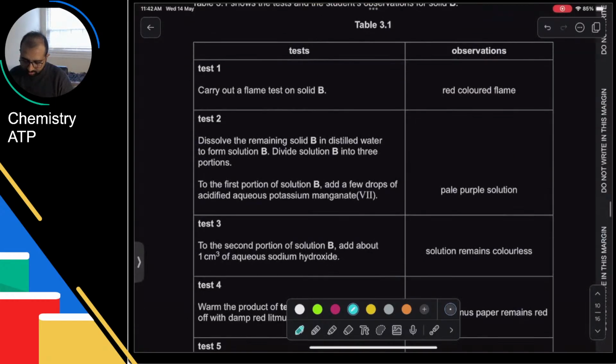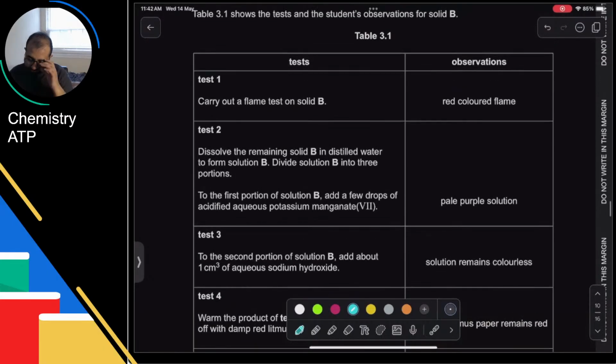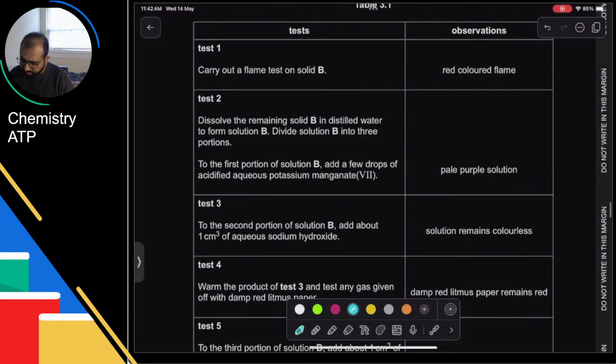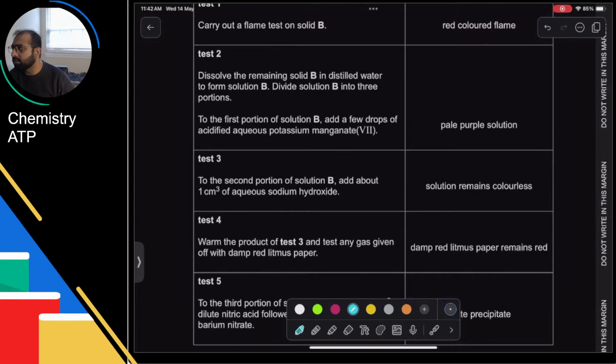Okay. All right. Carry out a flame test on solid B. So this is what they're doing. They're doing all these tests, and then they're going to ask you to check the colors. I don't remember these colors by heart, so I'm just gonna get the notes that you have. Where is it?